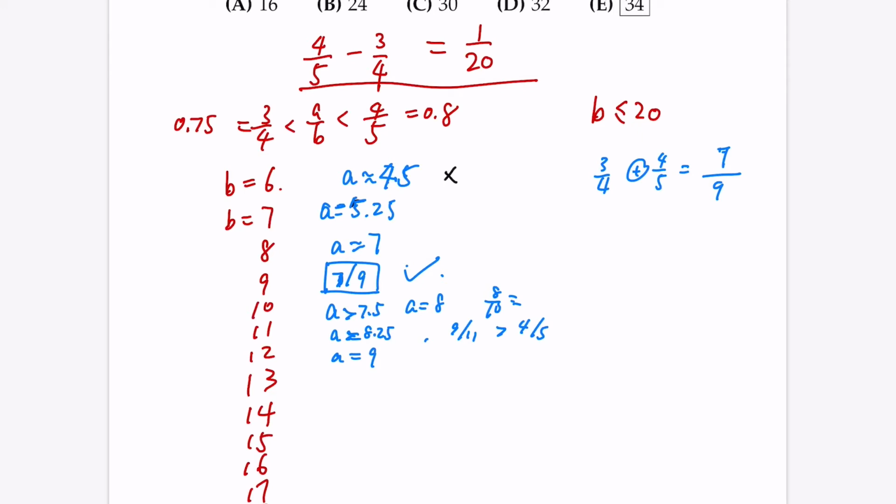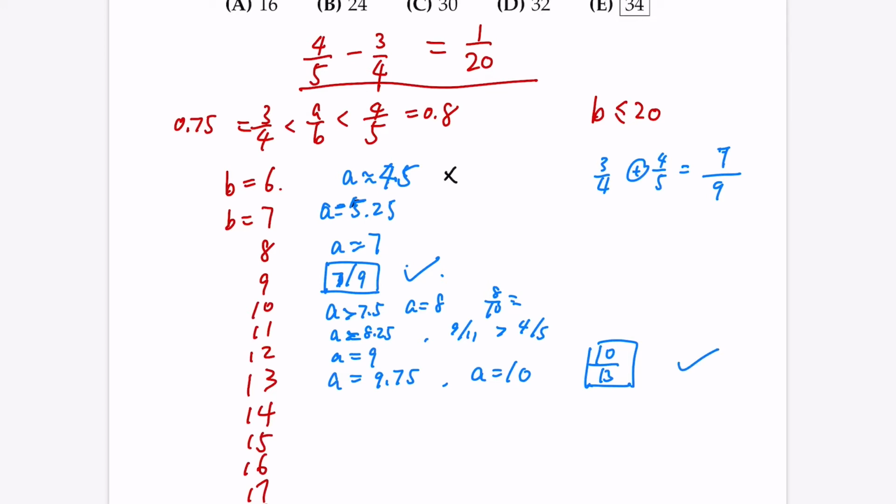For 13, A is 9.75. If we choose A equals 10, that would work. Yes, so we have another fraction, 10 over 13. That's the second one.